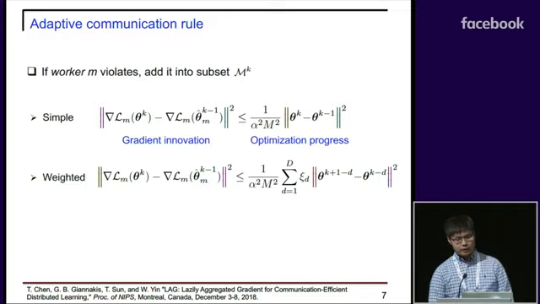If the gradient innovation is small, then it skips the communication. Following the same principle, the right-hand side can also be replaced by the weighted average of the model parameter change.